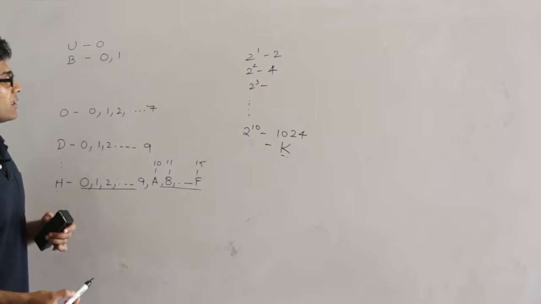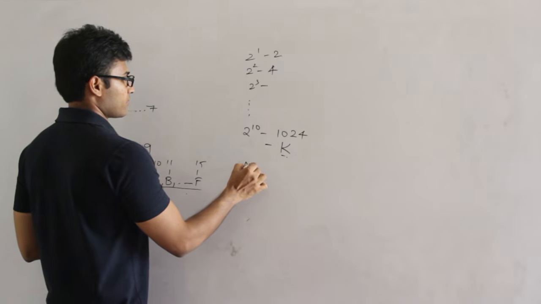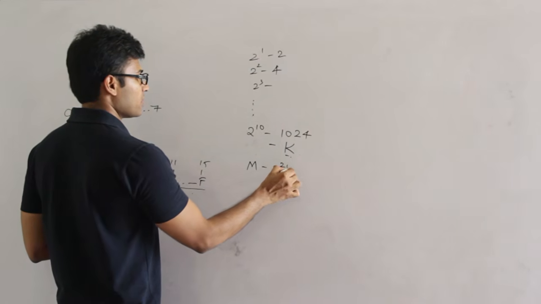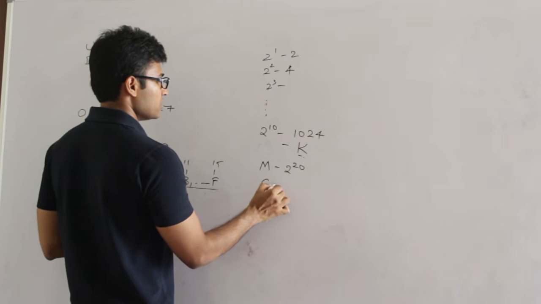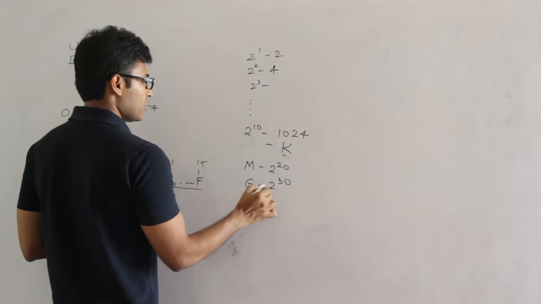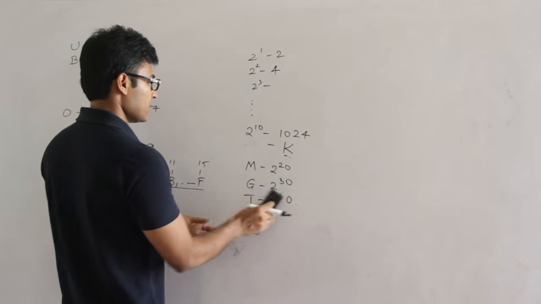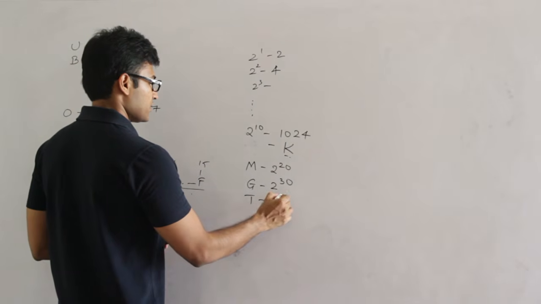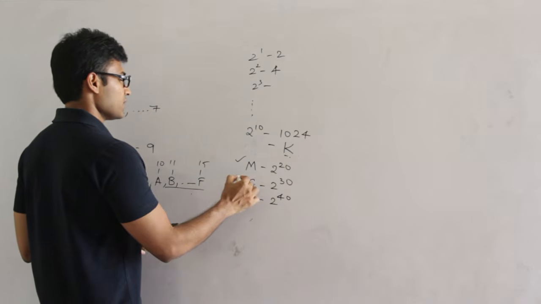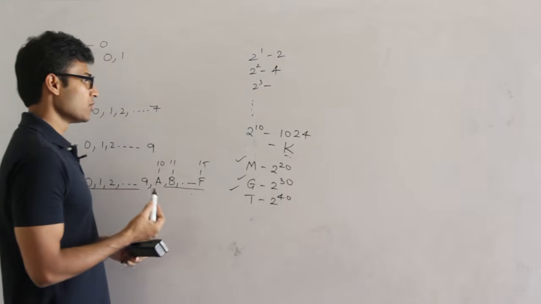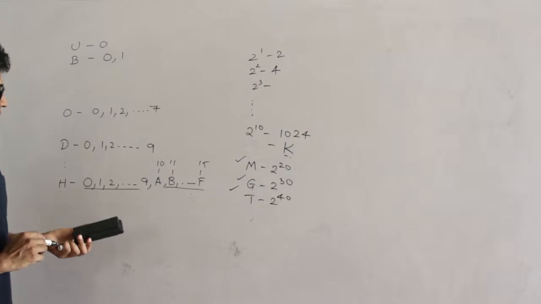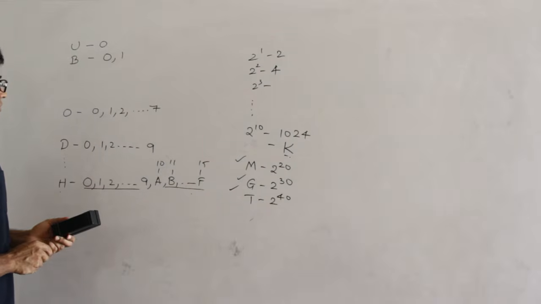Okay, and then M represents 2 power 20, G, giga, 2 power 30, T, tera, 2 power 40. So you should be very good with all these conventions and notations. What is M and what is G, what is T, especially in computer science it is going to be very important. And we shall talk more about binary numbers shortly.